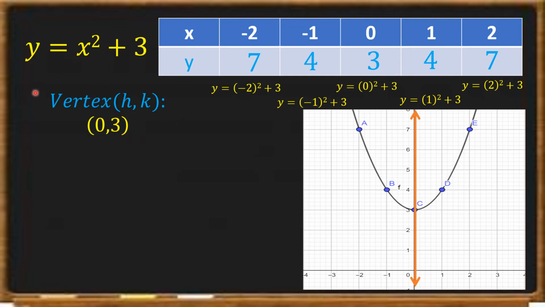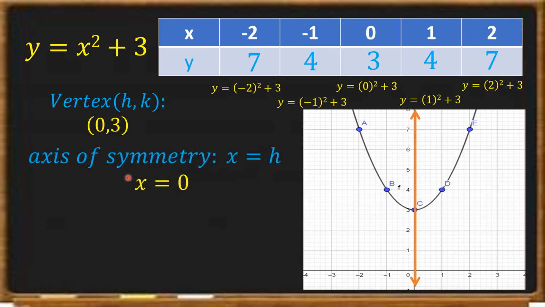Pag alam mo na yung vertex, alam mo na yung axis of symmetry. Yung h lang. Ano yung h nyo dyan? 0. So, ang axis of symmetry natin ay x is equal to 0 kasi x is equal to h. Palitan mo lang yung h nyo. Sa h, k, h is 0, k is 3. So ito yung axis of symmetry, x is equal to 0.